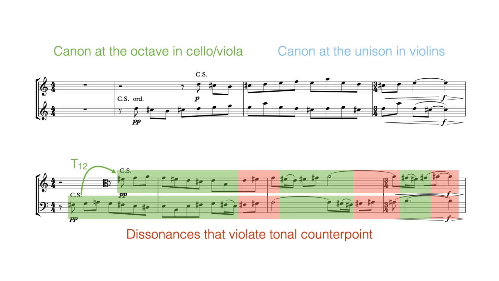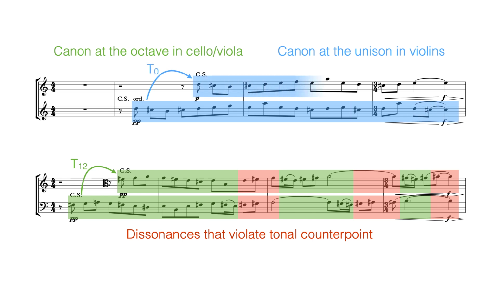The canon at the unison in the two violins similarly violates the norms of tonal counterpoint with its insistent unresolved dissonances.